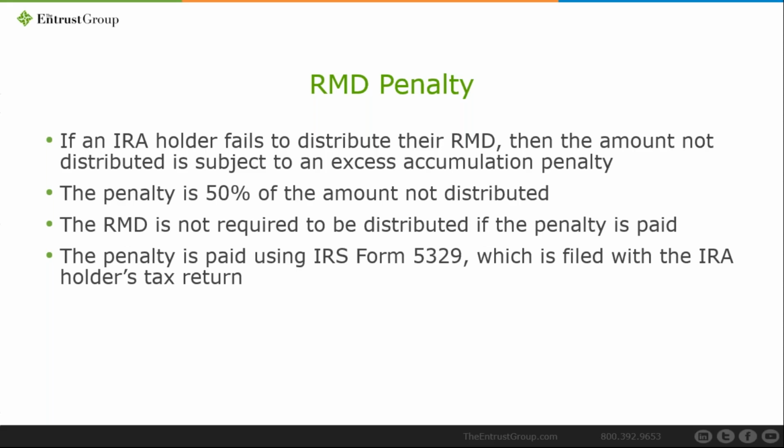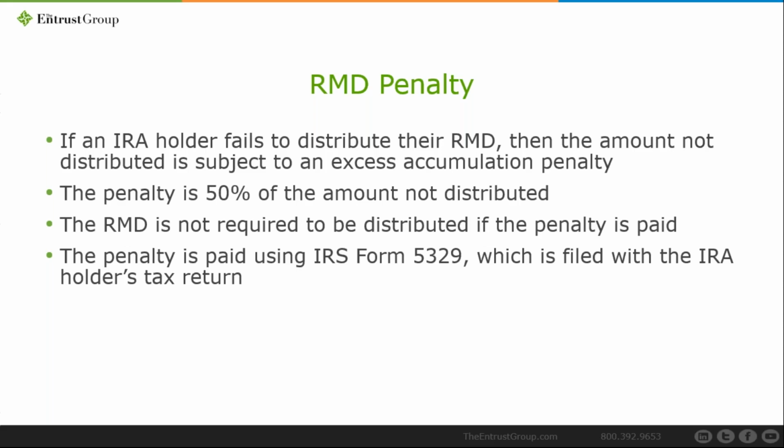Now, keep in mind, that's only on the minimum amount, all right? Any amounts that have been distributed are not subject to that 50% penalty, but if an amount is failed to be distributed, 50% of that amount will be subject to the penalty. And the penalty is paid using the IRS form 5329 filed with their tax return.